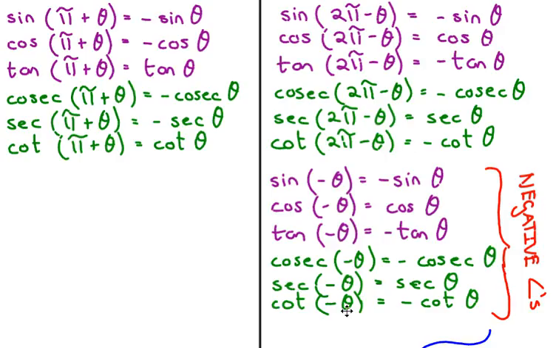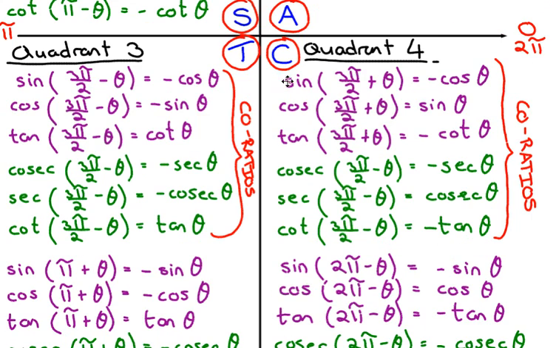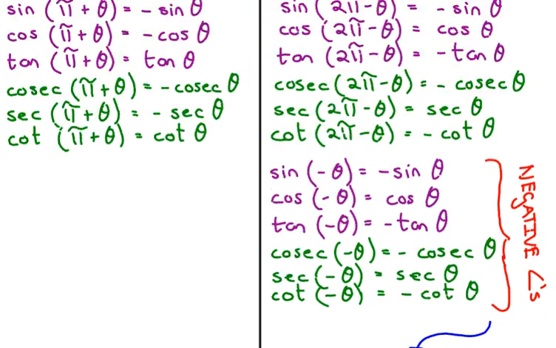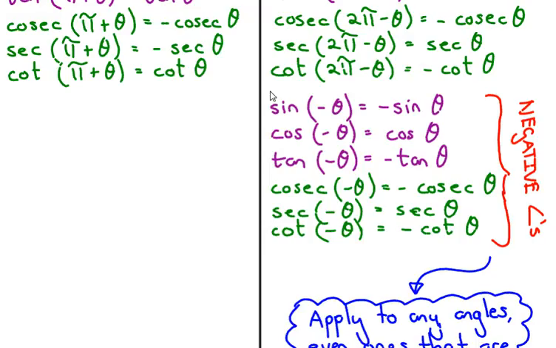And your negative angles in this quadrant. Remember, your negative angles are just an angle measured in a clockwise direction from the positive x-axis. That is why we land up in the fourth quadrant when we're measuring a negative acute angle. So I've got sine of negative theta is negative sine theta, but cos of negative theta is positive cos theta because I'm lying in that quadrant.